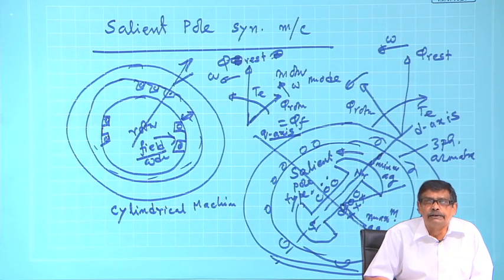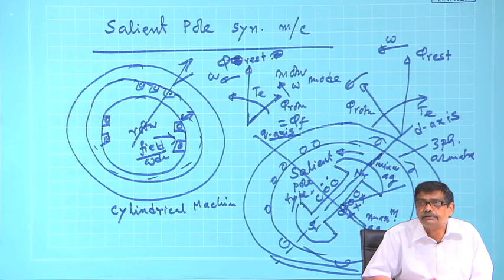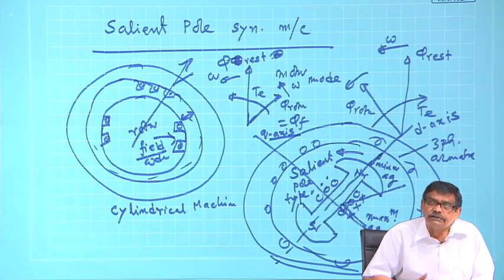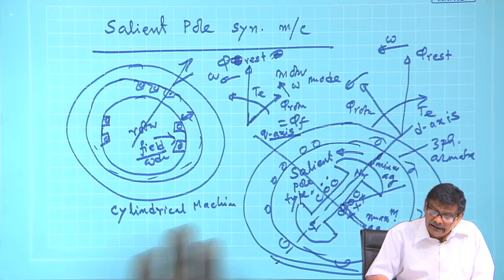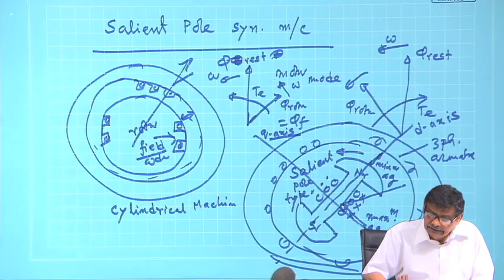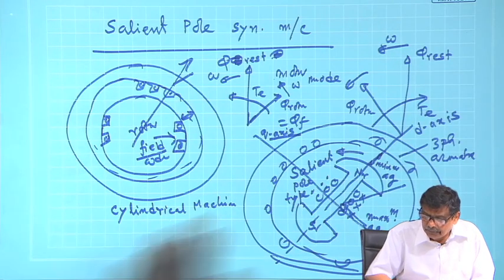It was actually called the two reaction theory, first proposed by Blondel, two reactance, two reaction.